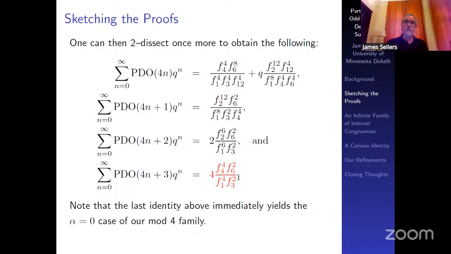And when you multiply all those integers by 4, you get multiples of 4. So this object actually is the alpha equals 0 case of my mod 4 family. So I immediately have that case proven thanks to that generating function. So that's cool. Let's keep that in mind.